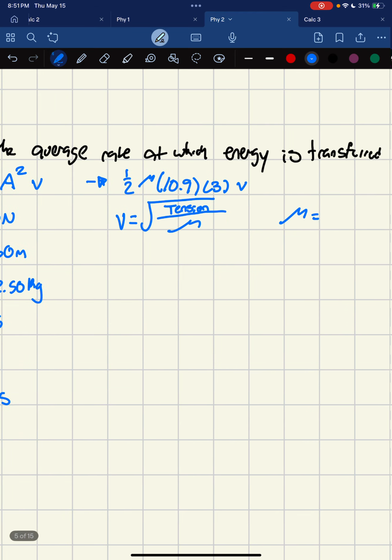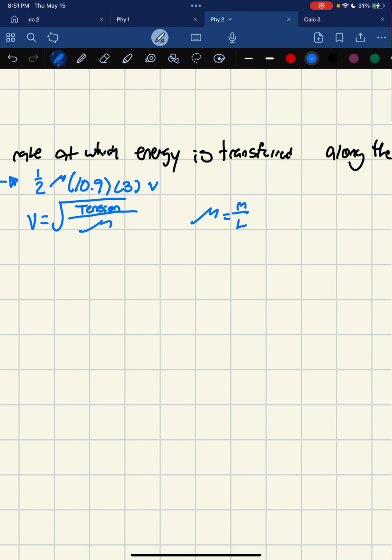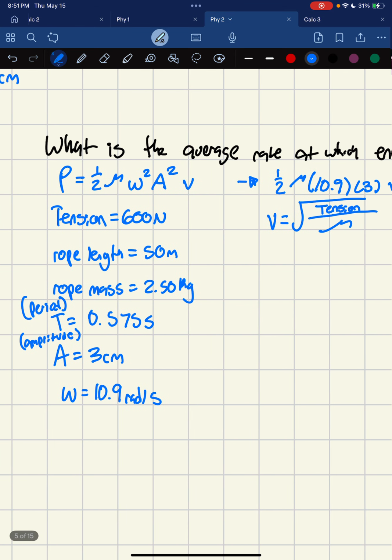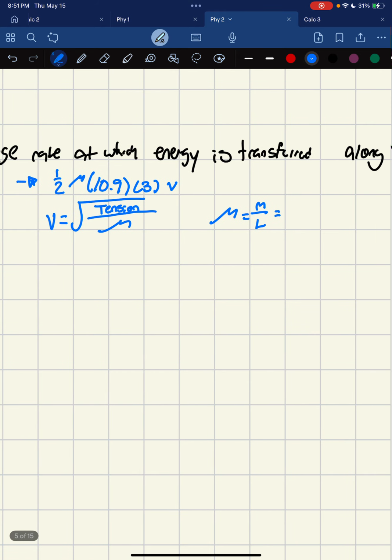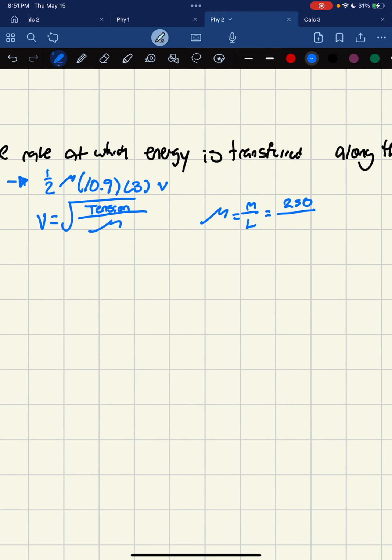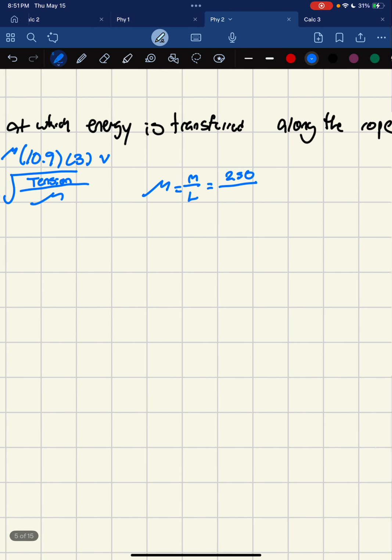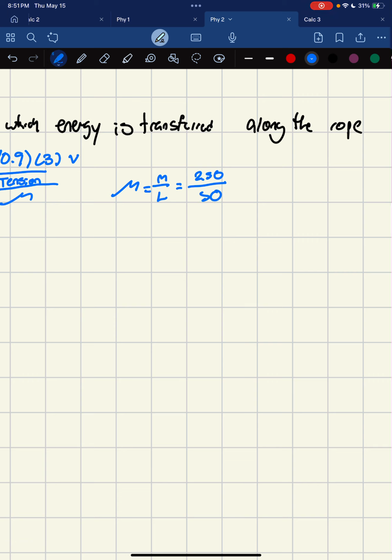So that'll be mass divided by length, which is 2.50 divided by 50. If I put this in my calculator, 2.50 divided by 50, I get 0.05.